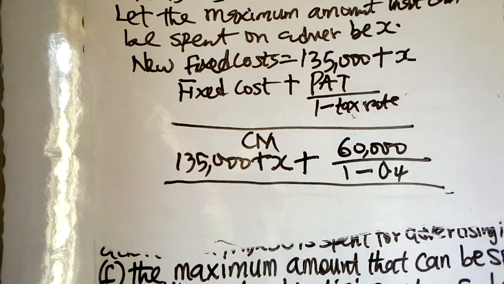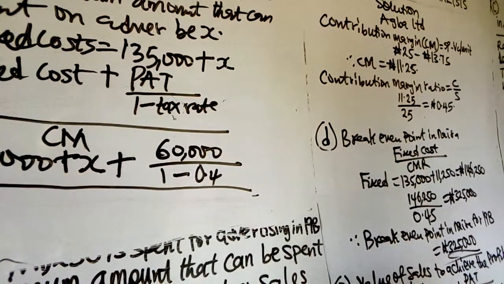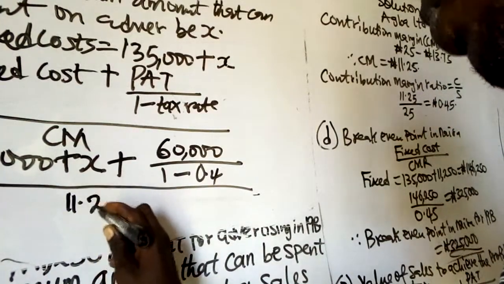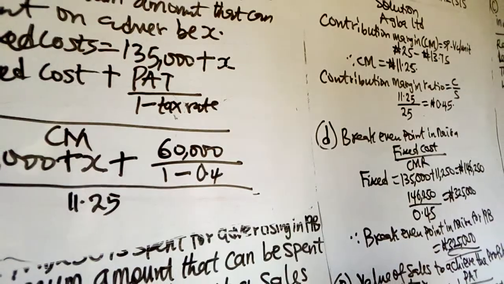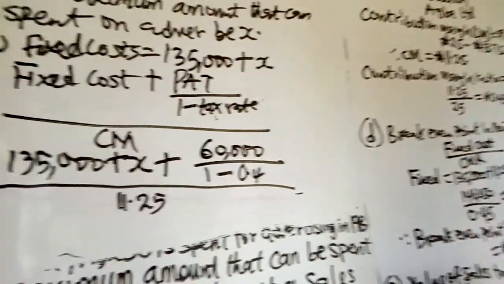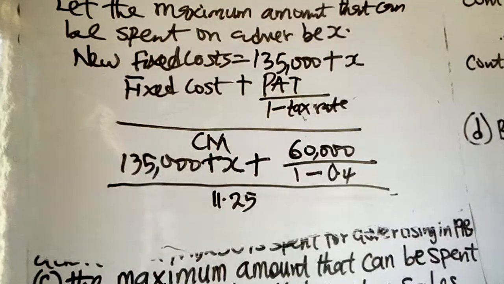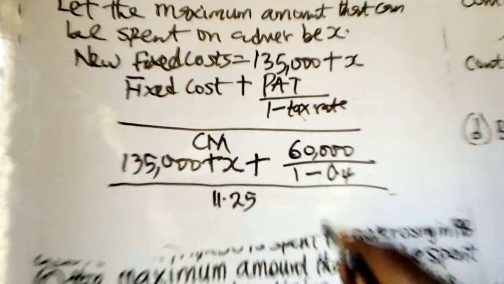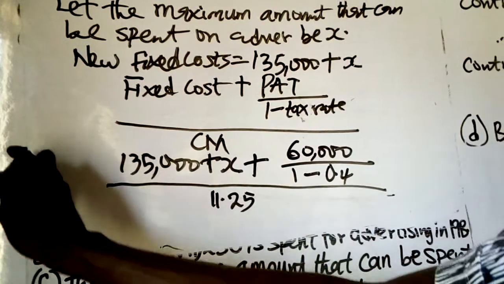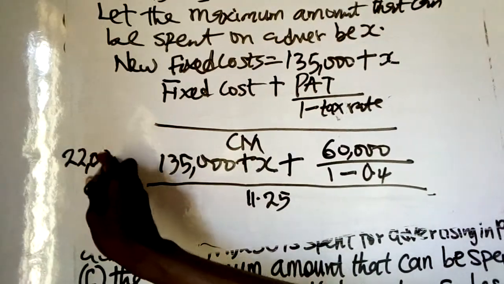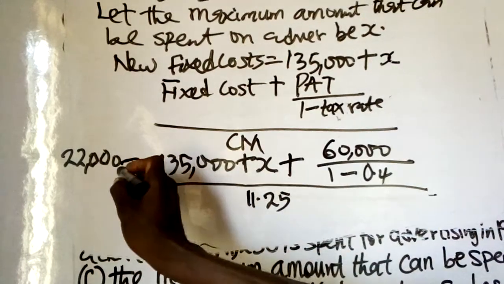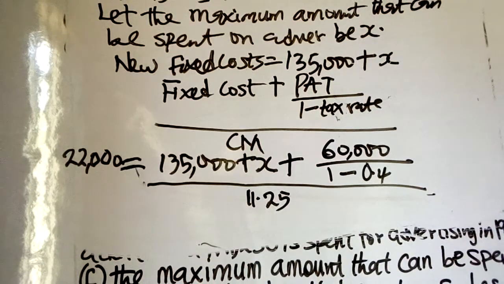Our contribution margin, which had been calculated earlier, is 11.25. Remember, it is the number of units to achieve an after-tax profit that will give us this, and that unit has been given to be 22,000. That means 22,000 units equals this.